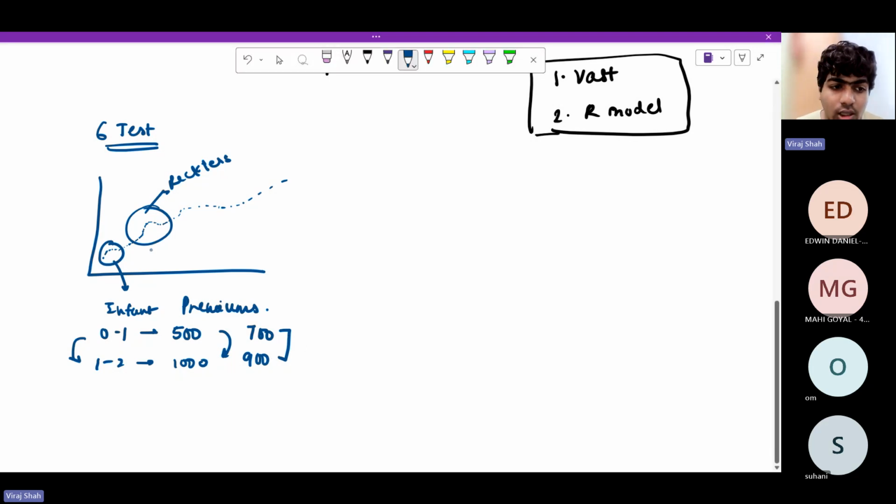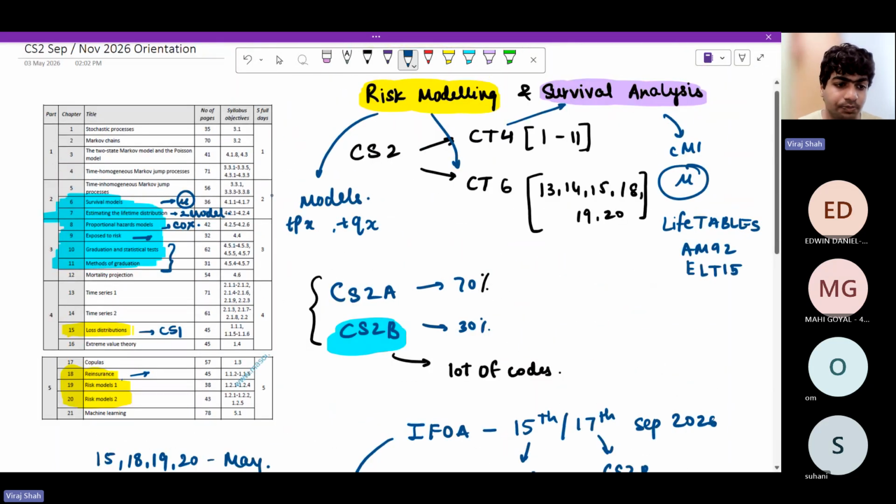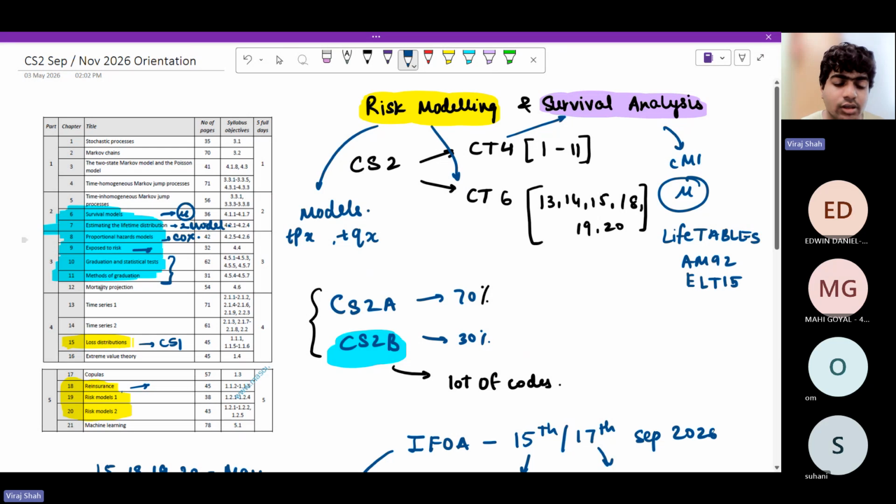So, to smoothen these curves, to make these curves a smooth line so that we charge a proper premium throughout the life of the insurance policy, is what we do through graduation. That is your graduation and methods of graduation. Your yellow part consists of 10 to 15% of your marks.